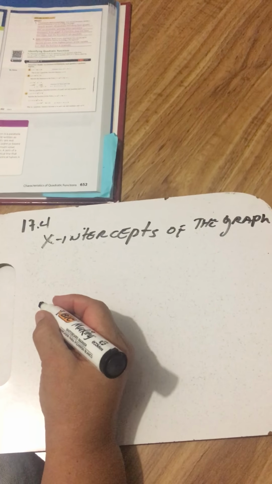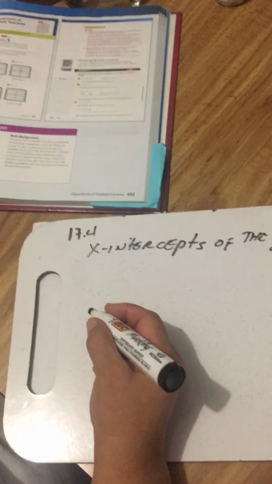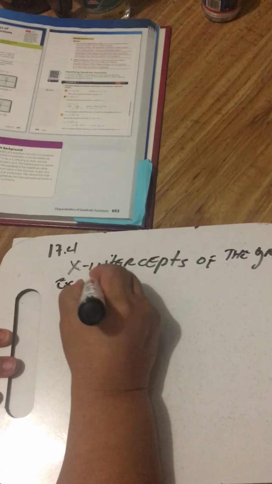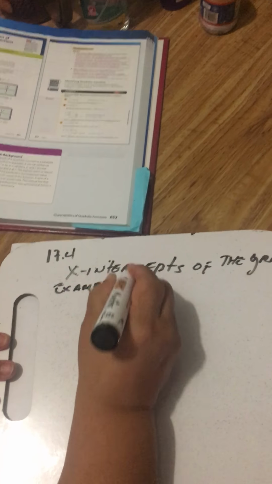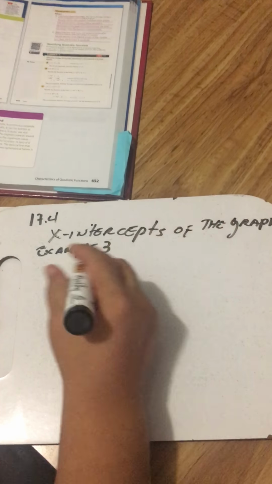The quadratic functions may have 1, 2, or no zeros. Example 3. Find the zeros of each quadratic function and check your answers.